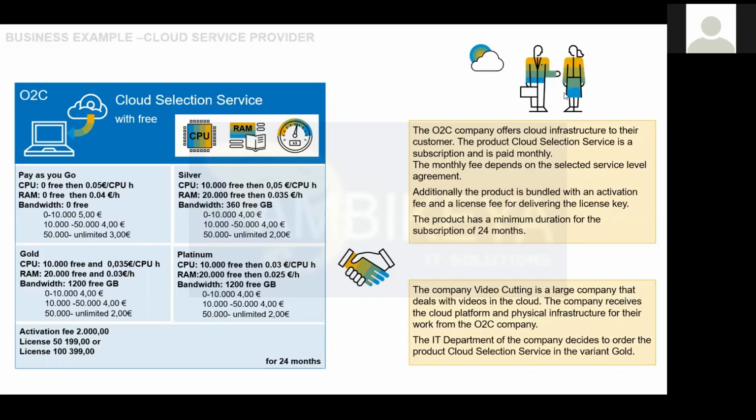So we use the training example. It is set up in the system with a bundle product type in order to show a lot of features here in the training landscape. And we use this example also to show all processes. That means if you are a participant of the AC230, you start with a subscription order, you configure your cloud selection service, then you submit the order and you get a subscription contract.